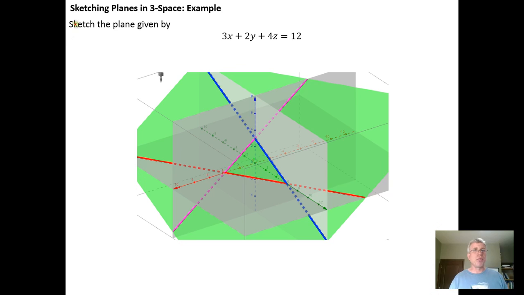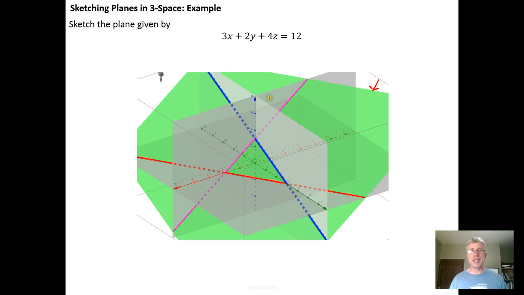So for example, we could be asked to sketch the plane 3x plus 2y plus 4z equals 12. And that plane, which is represented here in green, intersects each of the xy, yz, and xz planes, and it forms traces or lines of intersection with each of those planes.